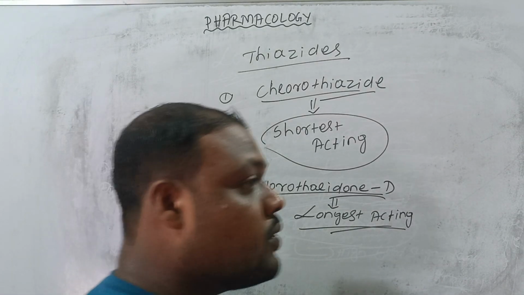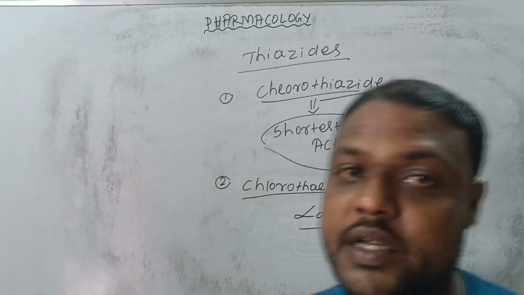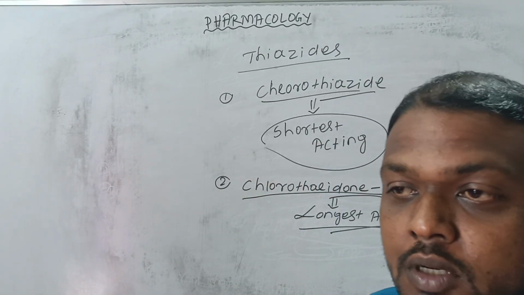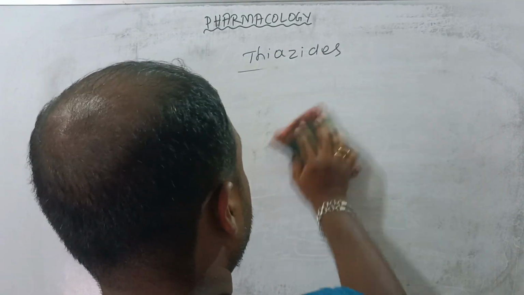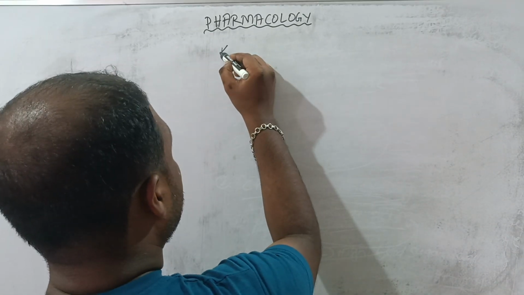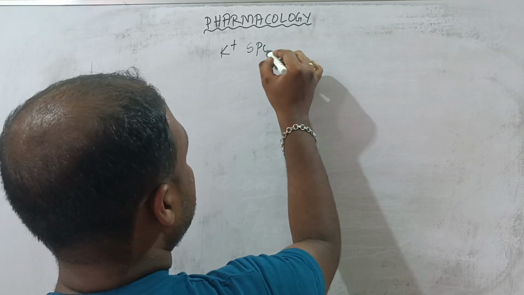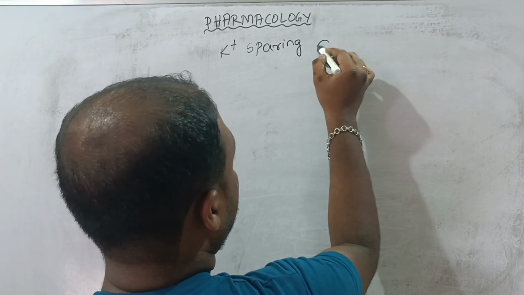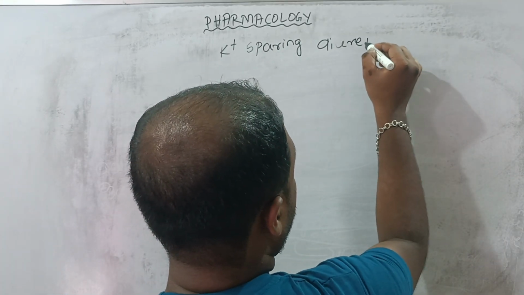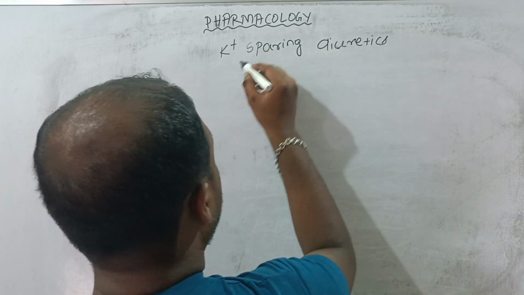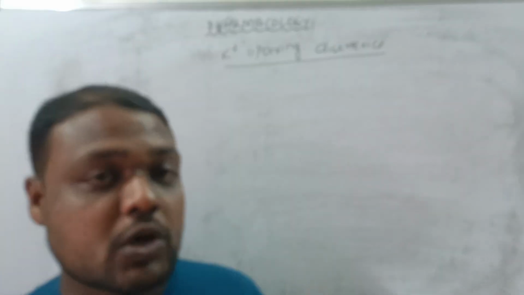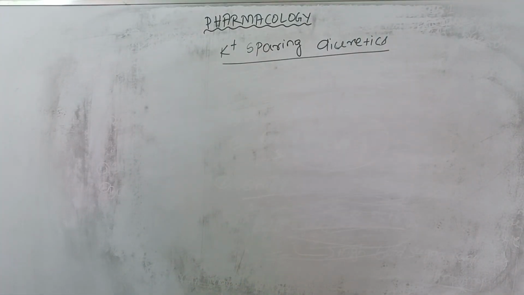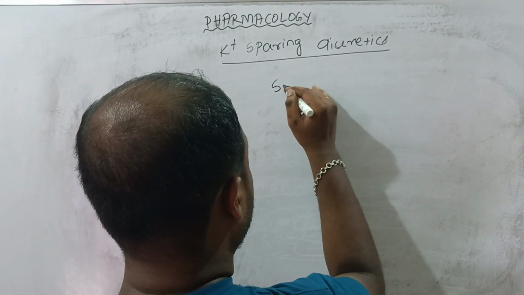Then we will move to the K plus sparing diuretics. K plus means potassium sparing diuretics. That is spironolactone.